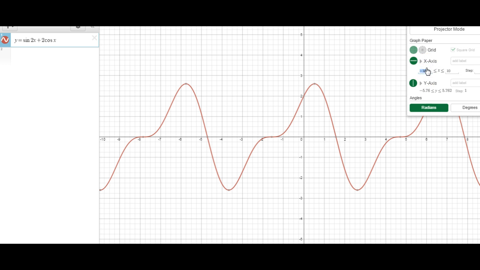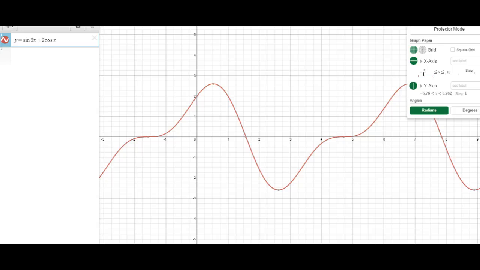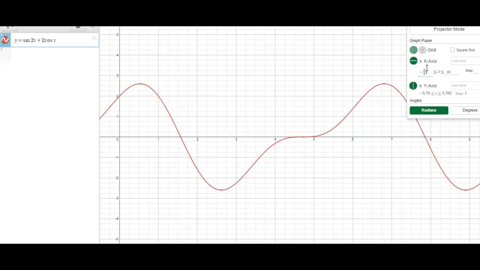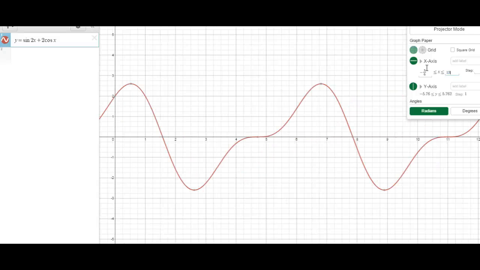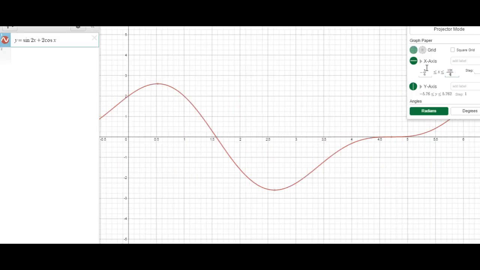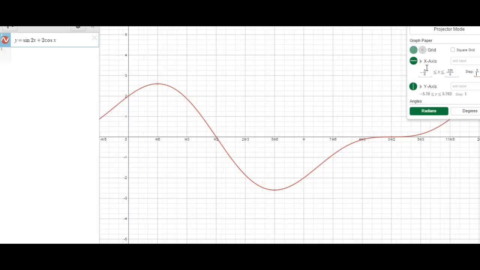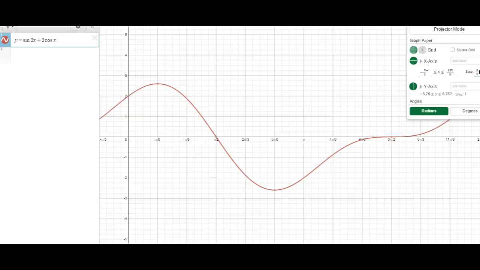So let's go a little below 0, and let's go a little above 2 pi. So 2 pi is about 12, let's say 13. And let's step by, say, pi divided by 6. Okay, and I think the y-axis looks decent enough.